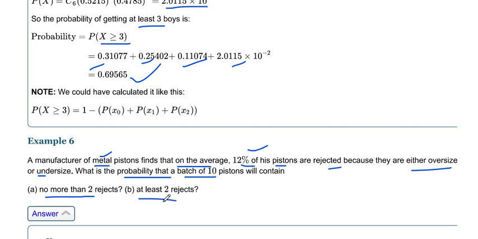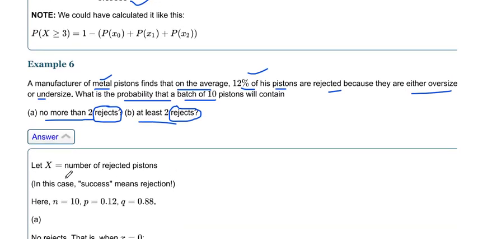Now you can see that they have asked for the probability of rejects here. So as the random variable, we have to select the number of rejected pistons. Here success means rejection. Try to remember, as I said in the first example also, whatever probability you are asked for in the question is what you have to use as the random variable.